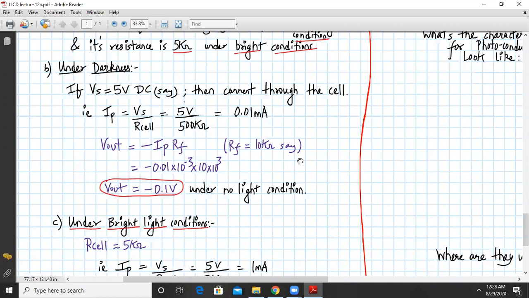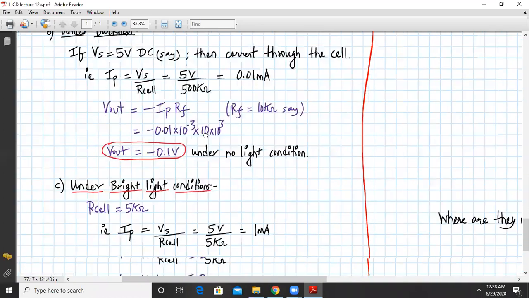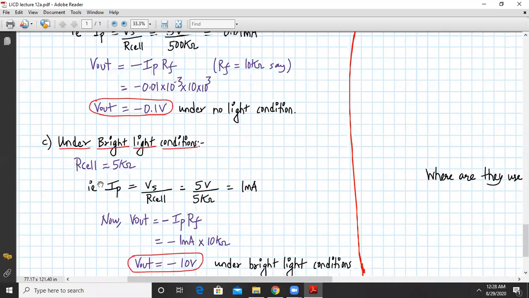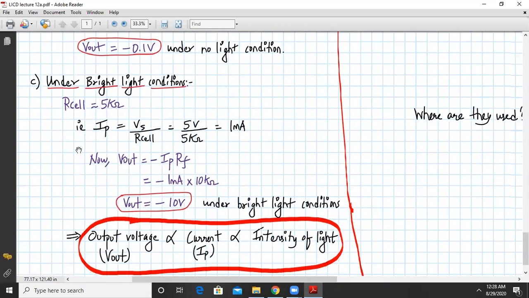So Vout, if you work it out on a calculator, will be minus 0.1 volt under no light conditions. Now under bright light conditions, the resistance of the photoconductive cell is around 5 kilo ohm. So IP will be Vs upon Rcell, that is 5 upon 5 kilo ohm, which is 1 milliampere. Now Vout is given by minus IP times RF, so that will be minus 1 milliampere into 10 kilo ohm.